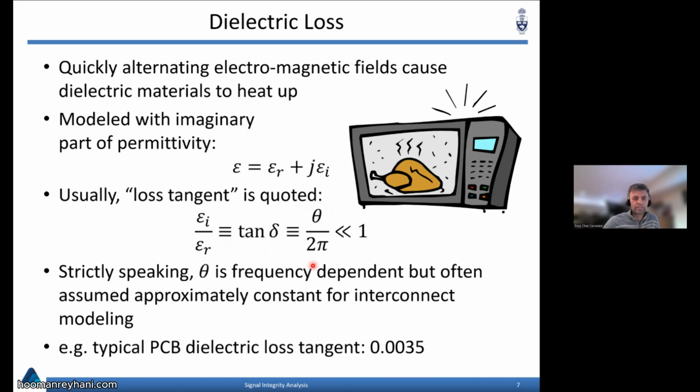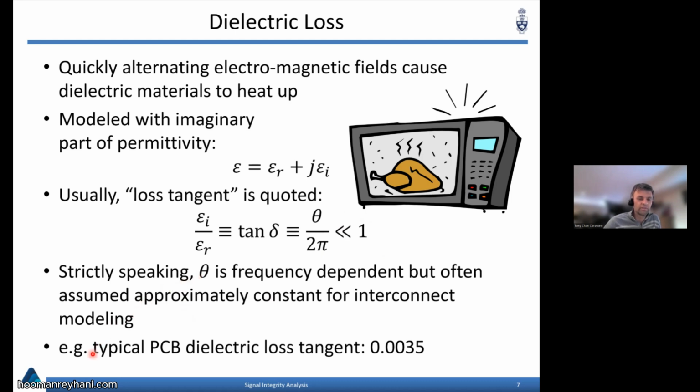So just for reference, the loss tangent is typically a number quite a bit smaller than 1. Now, strictly speaking, theta is frequency dependent, but it's often safe and fairly accurate to assume that it's approximately constant for interconnect modeling over the frequencies of interest. That provides a good model.